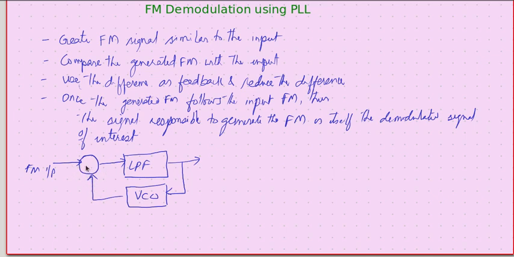So here the comparison is comparing the two phases, and the concept of this loop is to make sure that the input and this feedback are in phase all the time. If there is any phase difference, then an appropriate voltage is developed here, which changes the frequency, and hence the phase between the two gets modified.